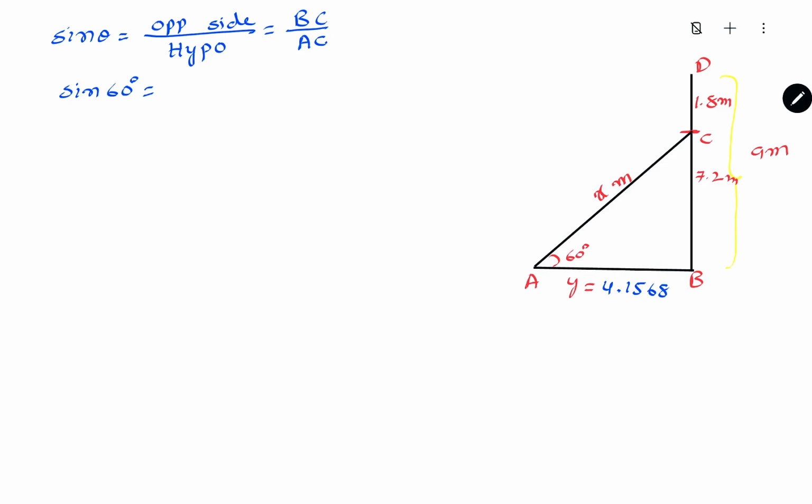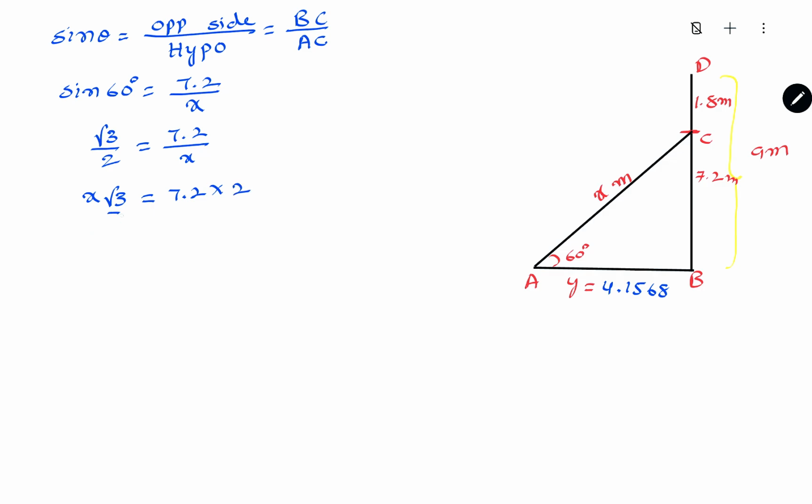Opposite side BC 7.2. We assume hypotenuse x. Sin 60 is root 3 by 2. Here 7.2 by x. Now do cross multiplication. X into root 3 is 7.2 into 2.